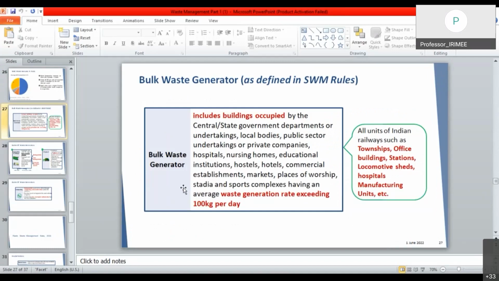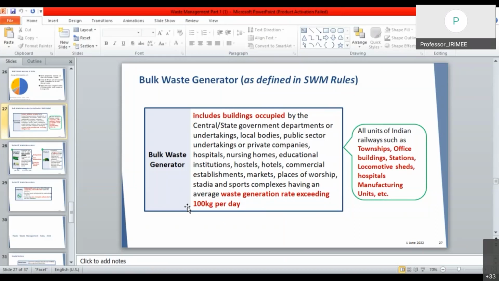As per these rules, bulk waste generators include the buildings occupied by the central or state government departments or the undertakings, local bodies, public sector undertakings or private companies, hospitals, nursing homes, educational institutions, hostels, hotels, commercial establishments, markets, places of worship, stadia, sports complexes having an average waste generation rate exceeding 100 kg per day. Institutions whose waste generation is more than 100 kg per day are called bulk waste generators.